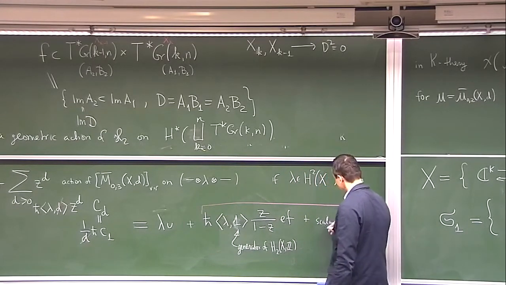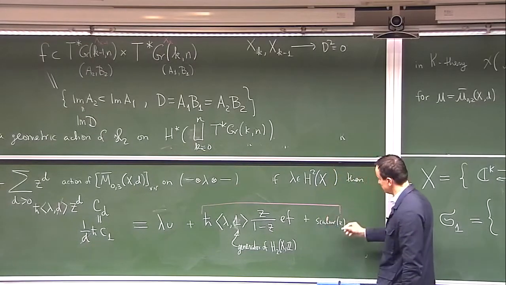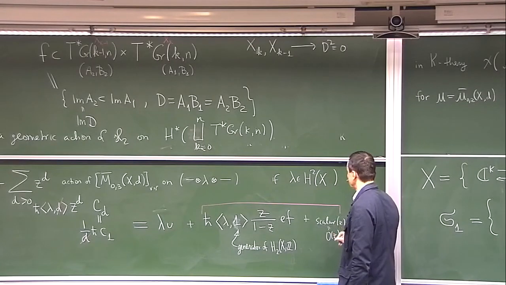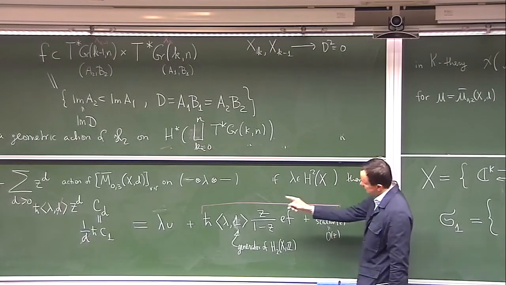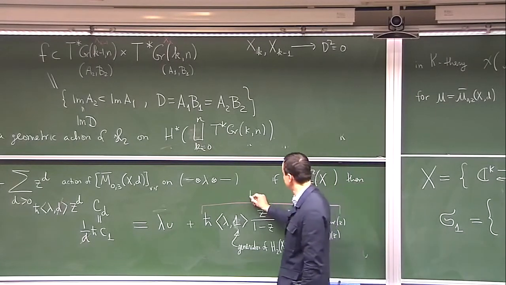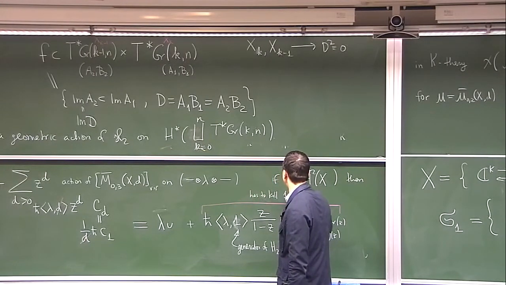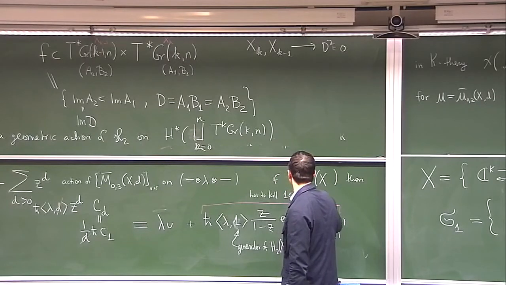In fact, it's of the form O capital Z. And this is found from the fact that this has to kill 1 in H0.